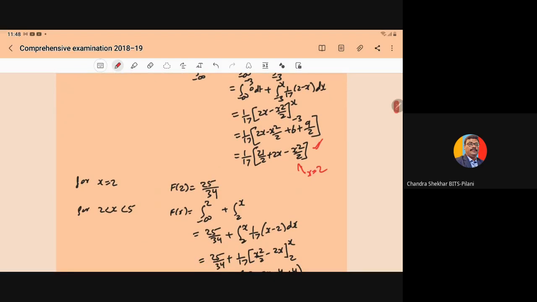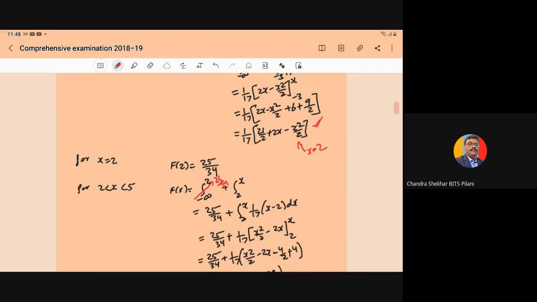And when x belongs to 2 to 5, F(x) becomes the integral from minus infinity to 2 plus the integral from 2 to x. For the first part we have already computed 25 upon 34, so we write 25 upon 34 plus the integral from 2 to x of 1 upon 17 into (x minus 2) dx.